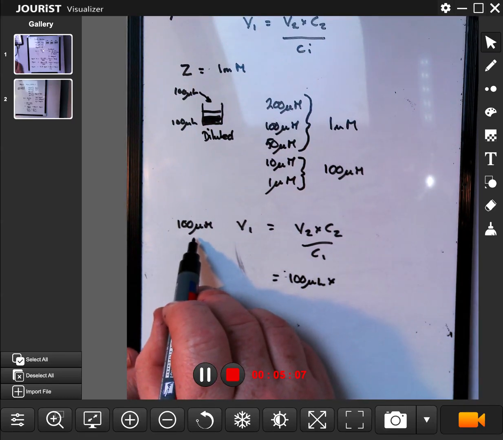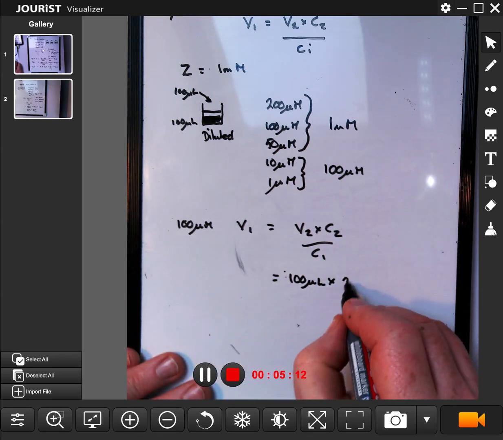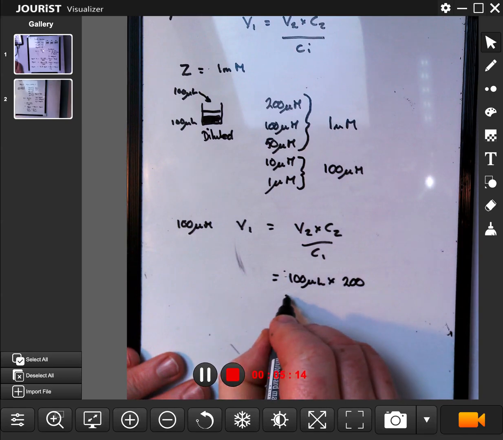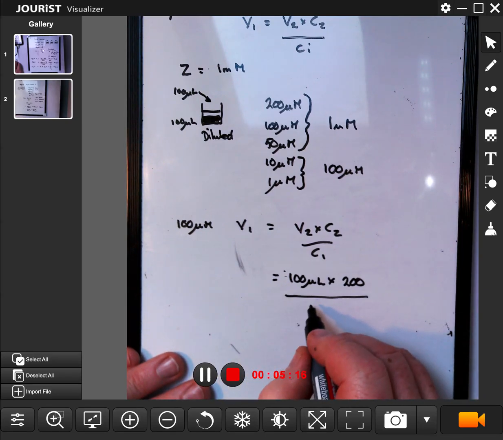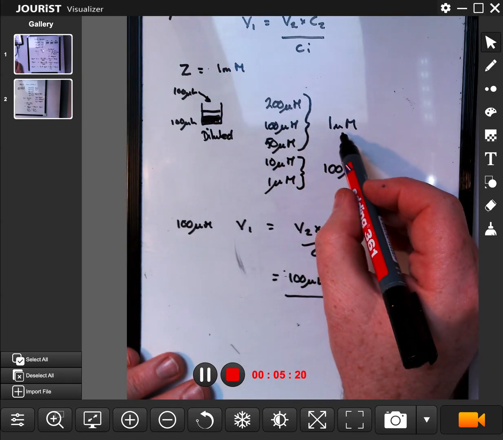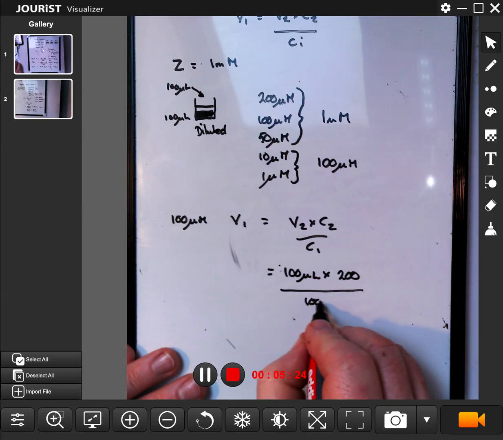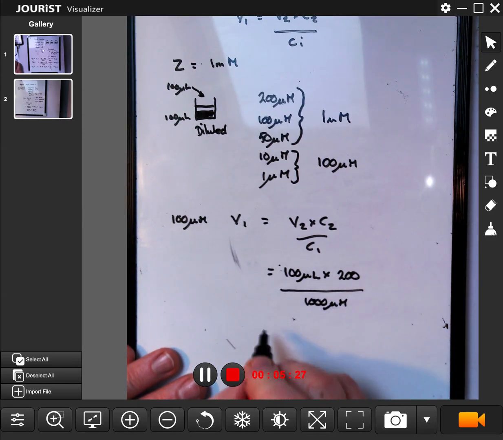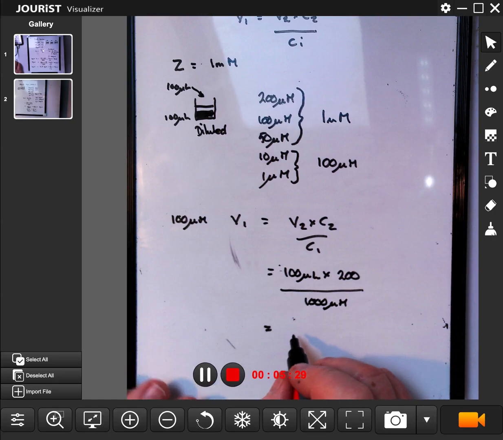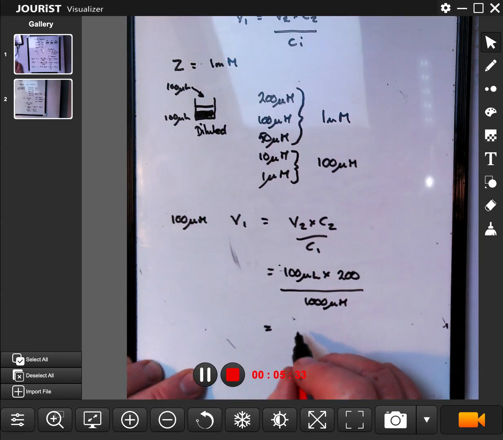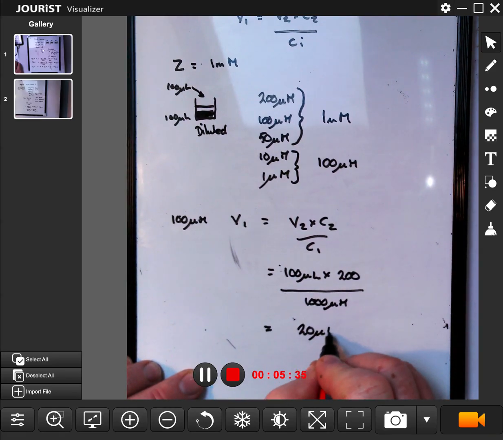But we're going to have to multiply by 2 because it's going to be diluted. So it's going to be 200, and C1 is 1 millimole, which we make into 1,000 micromoles. So when we run through all of that, that comes out at 20 microliters.